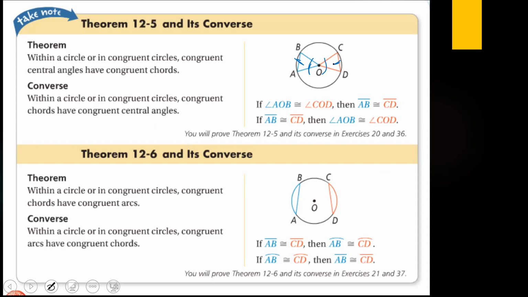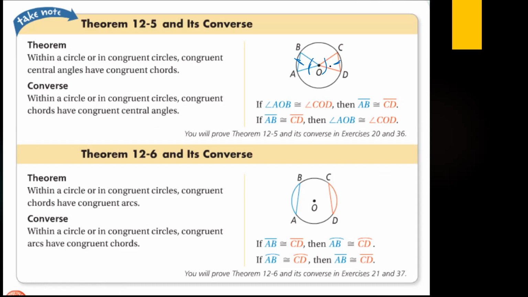So that means if angle AOB is congruent with the angle COD, the chord AB will be congruent to CD. And its converse is like the previous one.